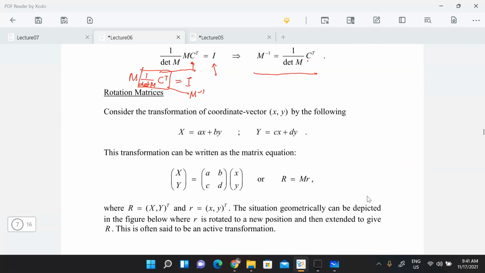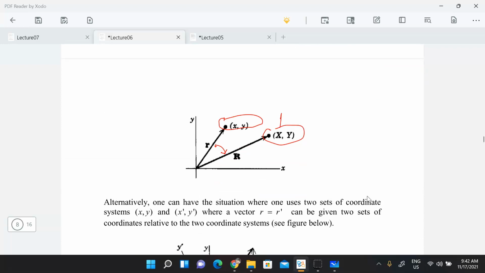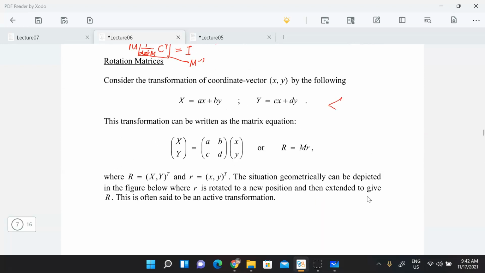Well, let's say you have X equals ax plus by, where capital X here is the coordinates of this new point after rotation, and it's given by these equations over here. This again looks like a matrix equation, so I can write X and Y as a column matrix, and then a, b, c and d are matrix elements, and then your x, y are your original variables in a column.